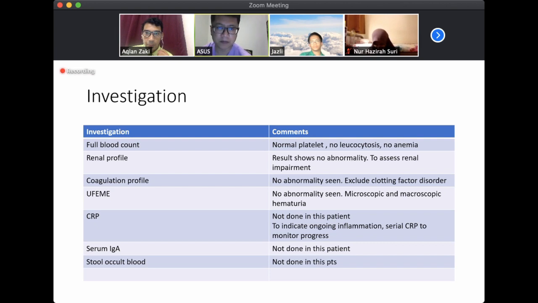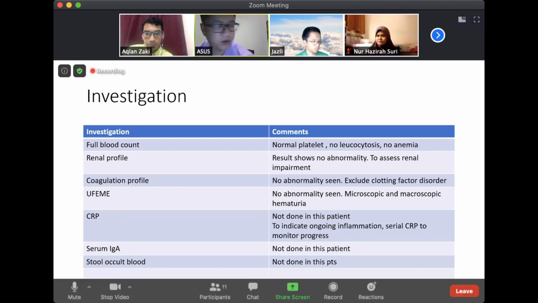My second question, Doctor: HSP can present with multiple system involvements. When we state our diagnosis, do we need to specify which system is involved, for example HSP with GI involvement or renal involvement? In the final exam, if you are confident with your diagnosis, it's okay.